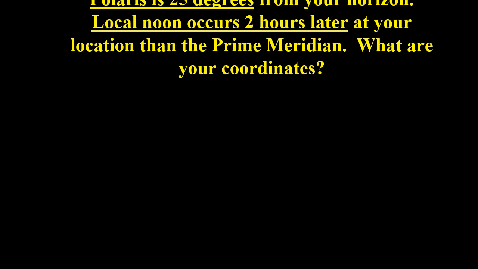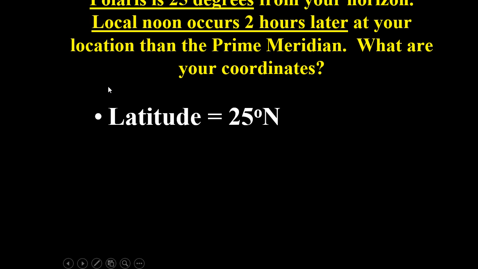Well, we need to find our two coordinates because that's what it says in the problem. What are your coordinates? So we know, because the altitude of Polaris equals your line of latitude, we're located at 25 degrees north. Now we have to look at our line of longitude. To figure that out, we know that the time difference is 2 hours.